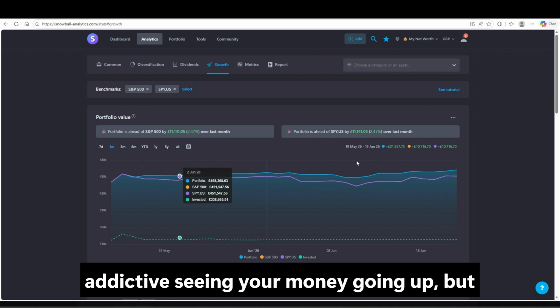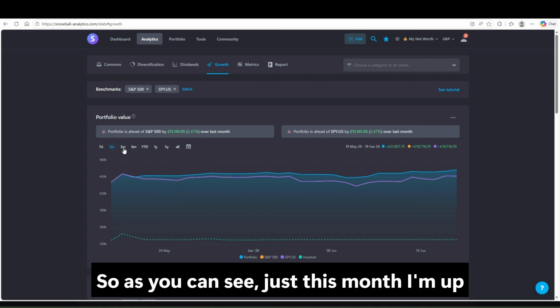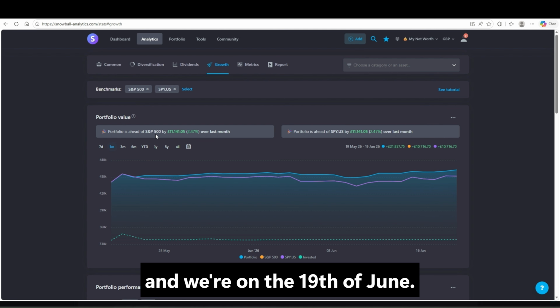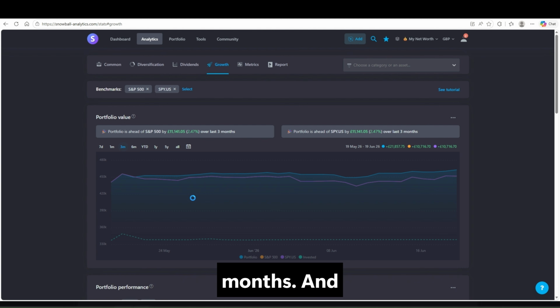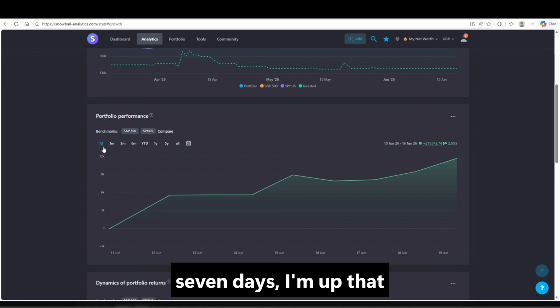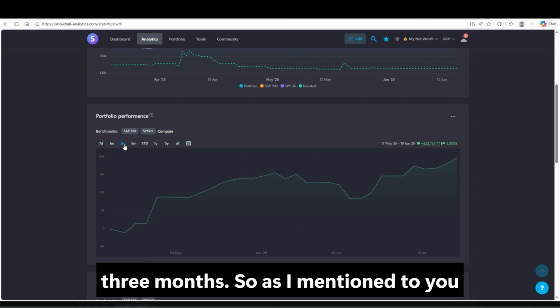It is quite addictive seeing your money going up, but it'll drive you crazy. So my advice is just look at things every 3 months. As you can see, just this month I'm up 11,000, and we're on the 19th of June. But you should always just look at 3 months. And then going up again, 7 days, I'm up that 11,000. If I go 1 month, 3 months.